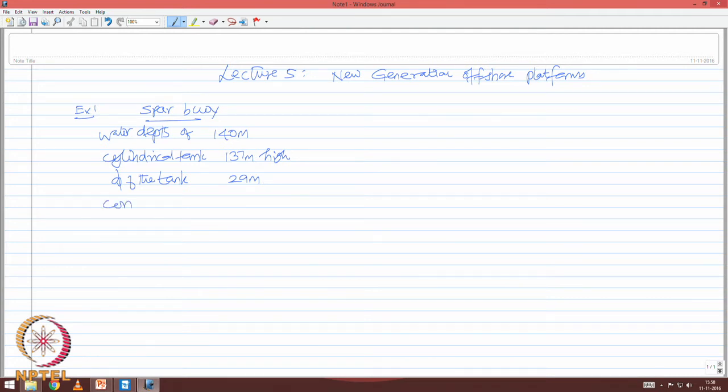The corresponding displacement is 66 into 10 power 3 tons, which corresponds to a draft of 107 meters.